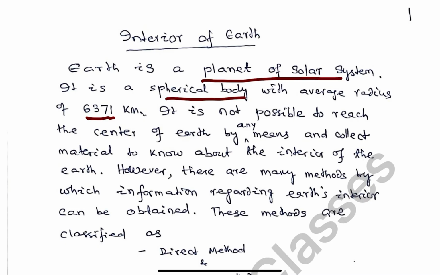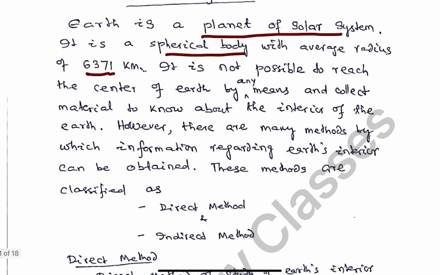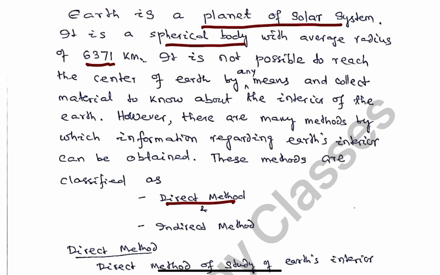So, the information that is available regarding the interior of the earth is all based upon indirect evidences, indirect methods. We can discuss the interior of the earth on the basis of two methods, direct method and indirect method.